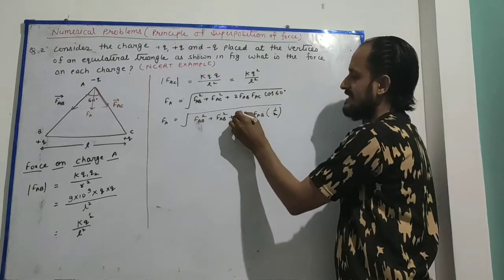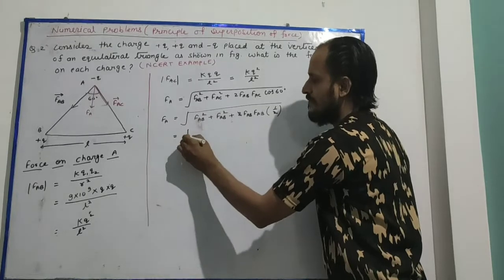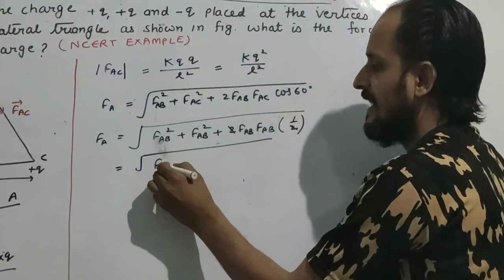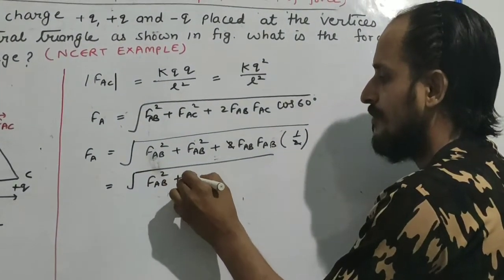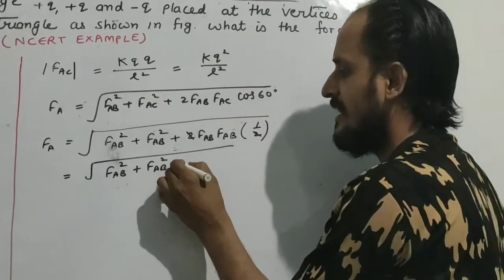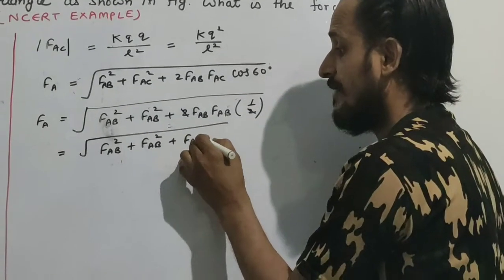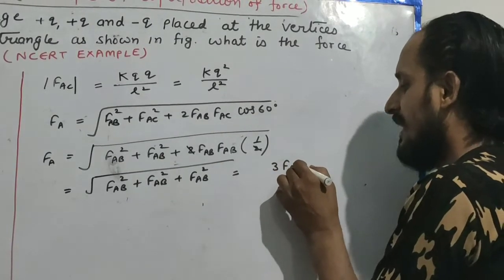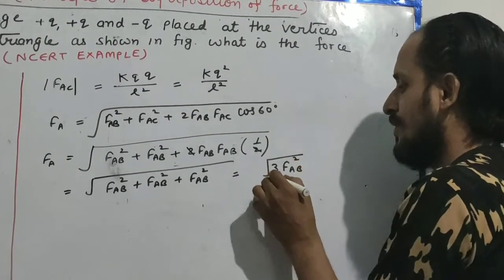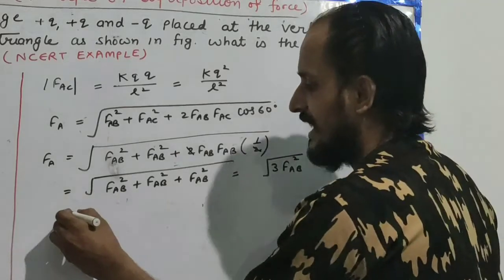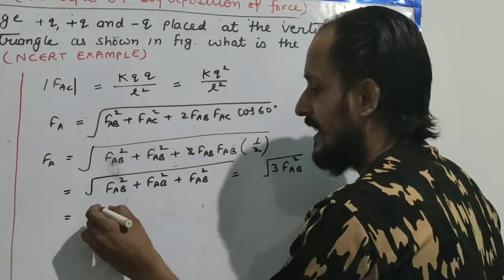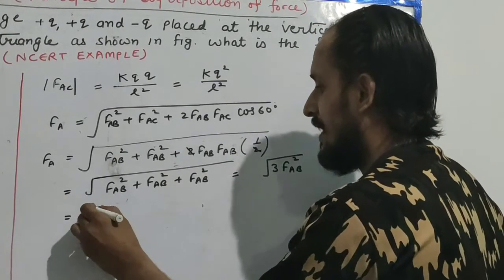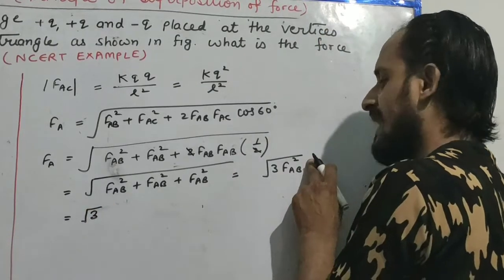This 2 will become cancelled with this 2. So it comes FAB square plus FAB square plus FAB square. It comes 3 FAB square under the root.